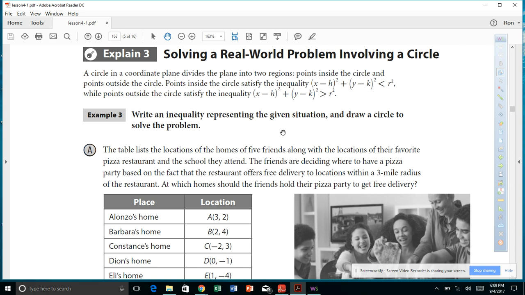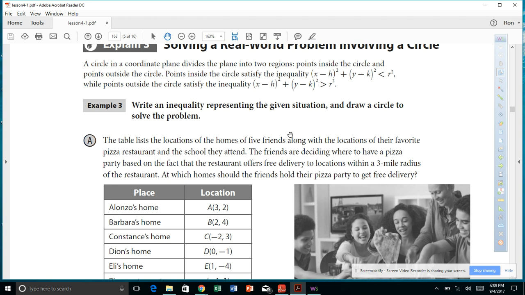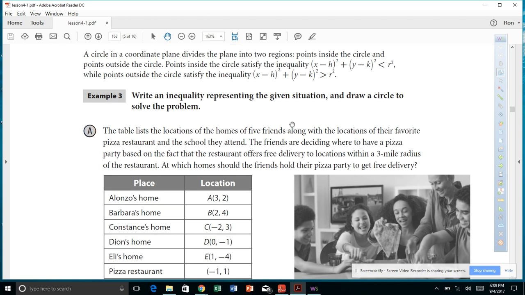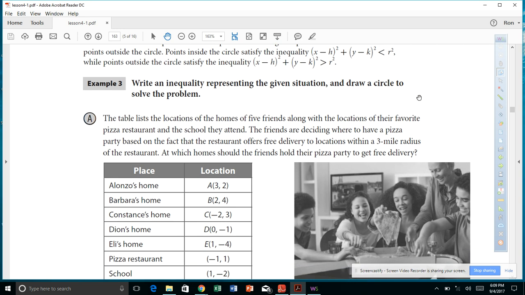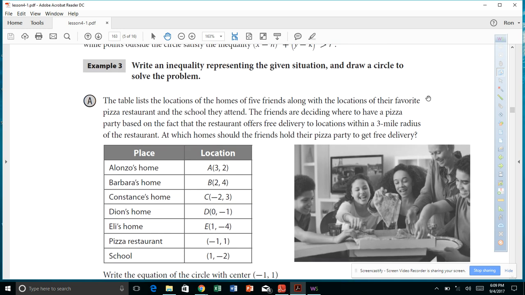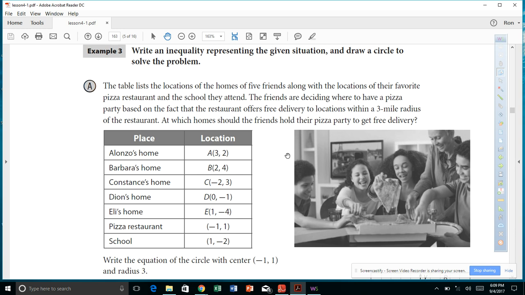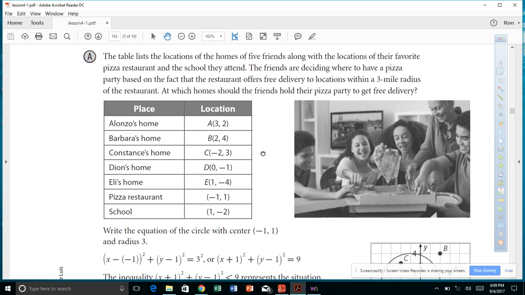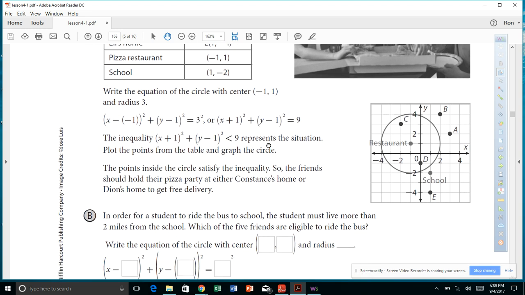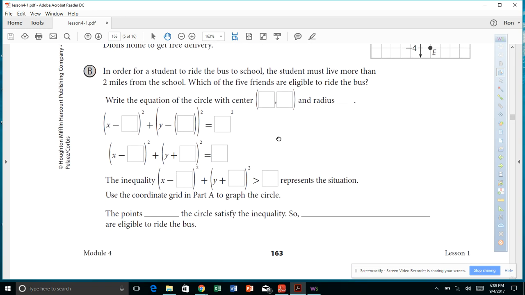Points inside the circle satisfy the inequality x minus h squared plus y minus k squared is less than r squared, while points outside the circle satisfy the inequality x minus h squared plus y minus k squared is greater than r squared. Write an inequality representing the given situation, and draw a circle to solve the problem. So I'll let you go through A, and then when you get back, we'll go through B together.